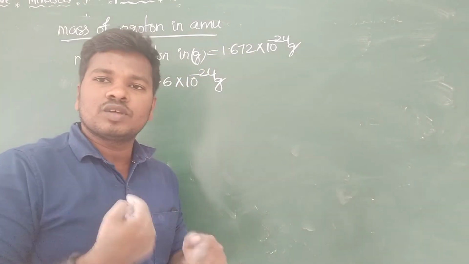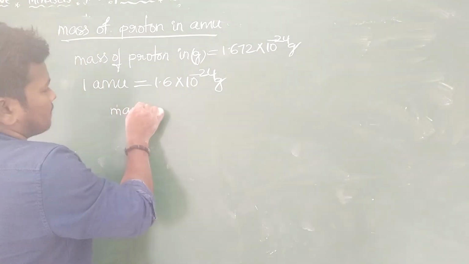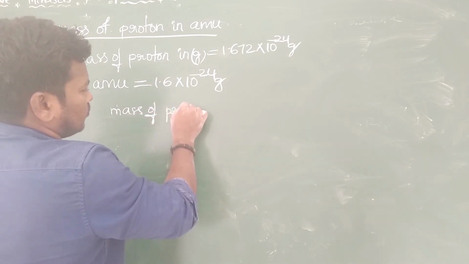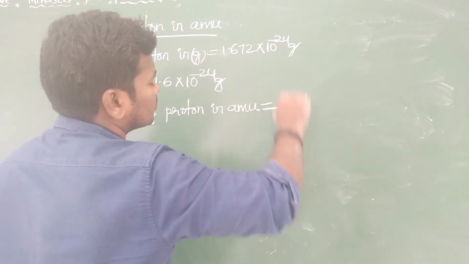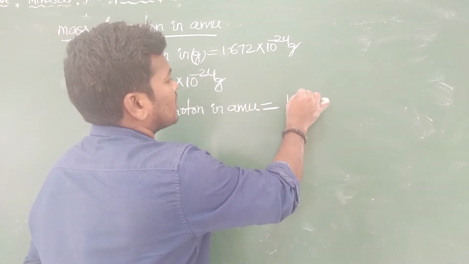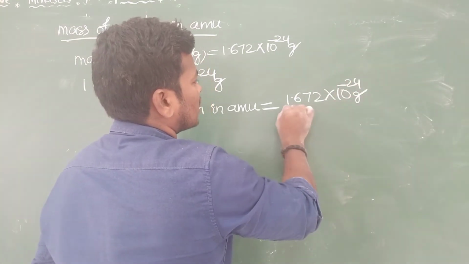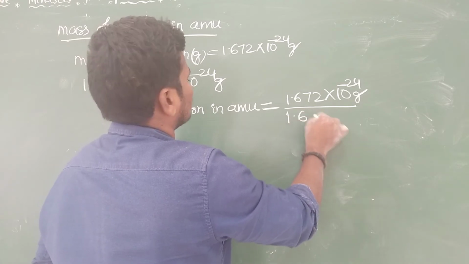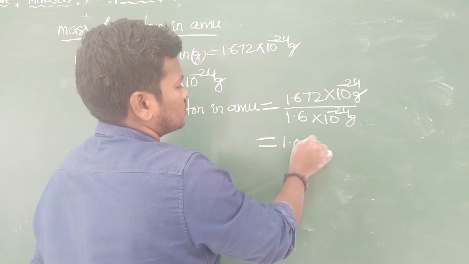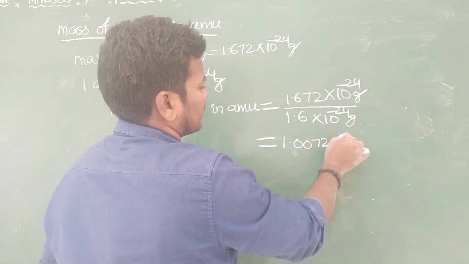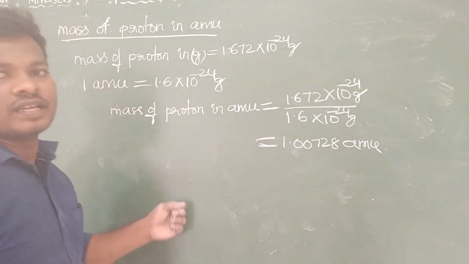We want the mass of the proton in AMU, atomic mass unit. So 1.672 into 10 to the power of minus 24 grams upon 1.6 into 10 to the power of minus 24 grams. Approximately we will get 1.00728 AMU.